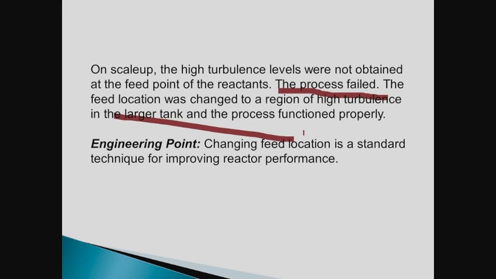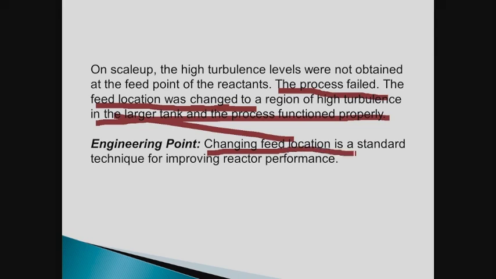So the feed location was not identified. Right? Feed location was then identified. First, when it was failing, it was not identified. Ling comes in and changes the feed location, and he walks out like a superstar, right? Changing feed location is a standard technique for improving reactor performance.